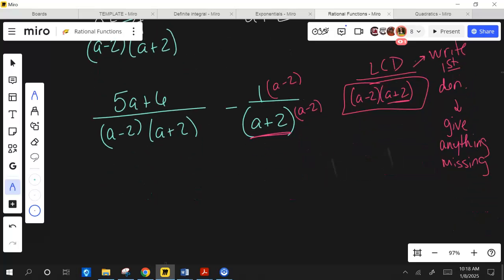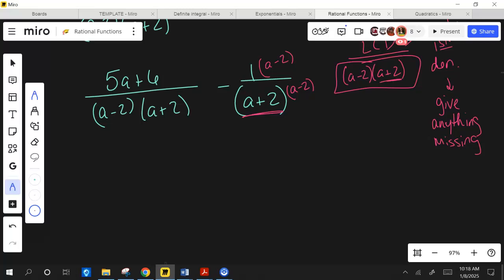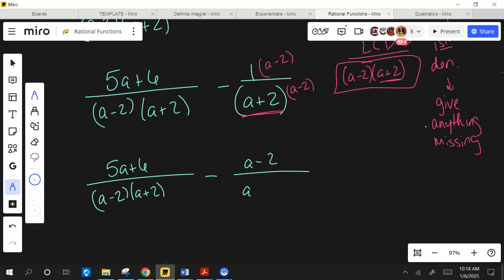All right, so let me just write it so you see what happens whenever I combine. So I've got 5a plus 6 over a minus 2, a plus 2, minus a minus 2 over a minus 2, a plus 2. The order doesn't matter here, as long as they're the same. Everybody okay?